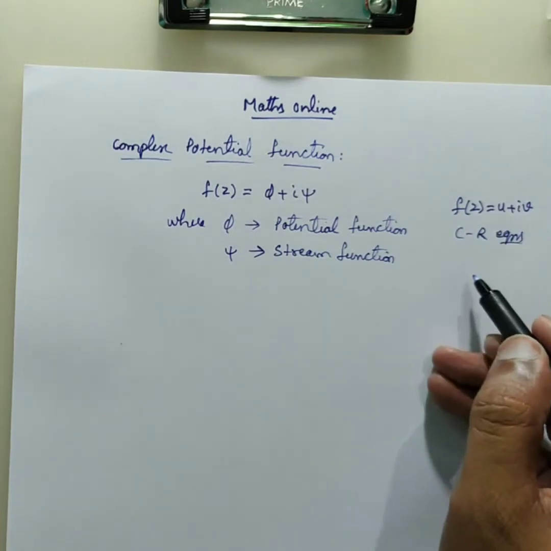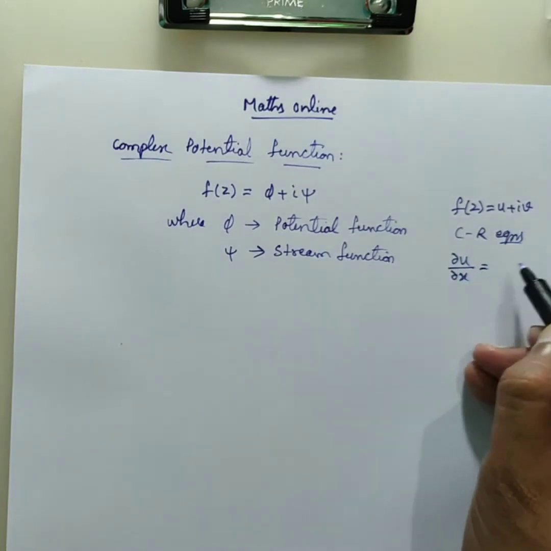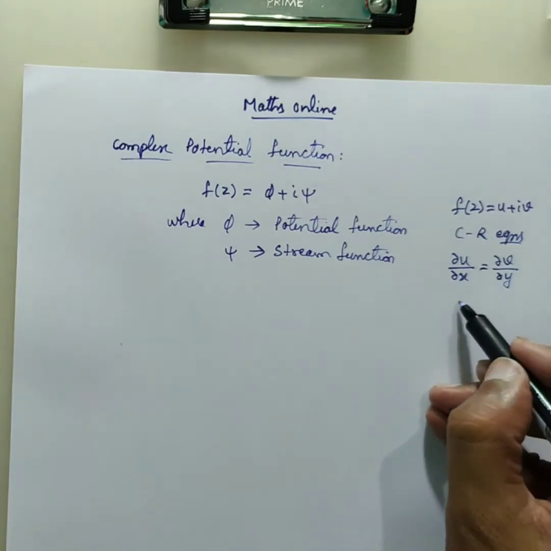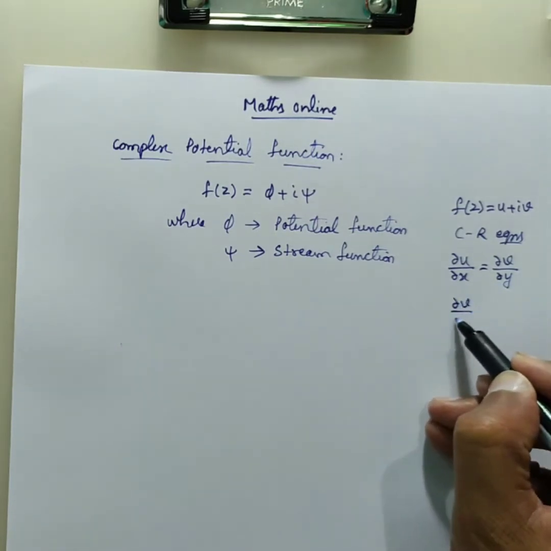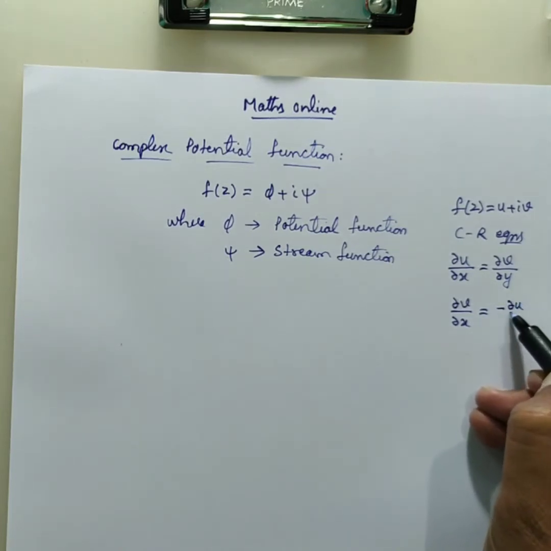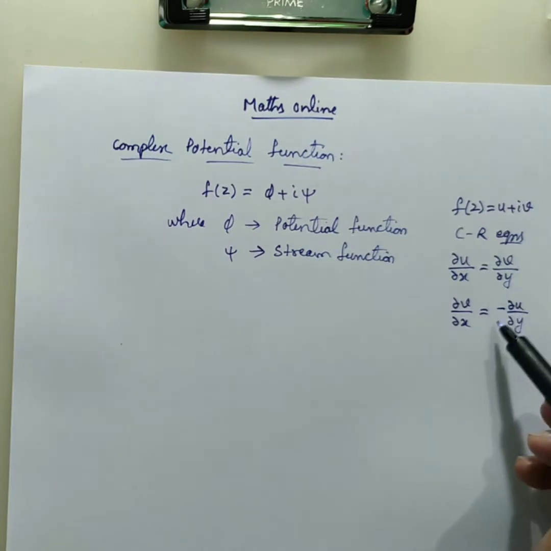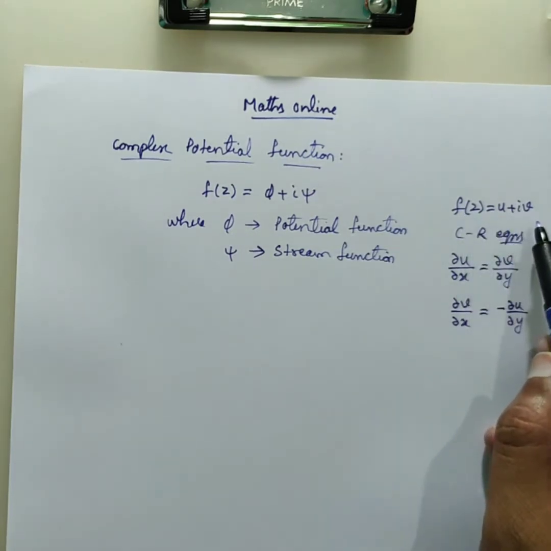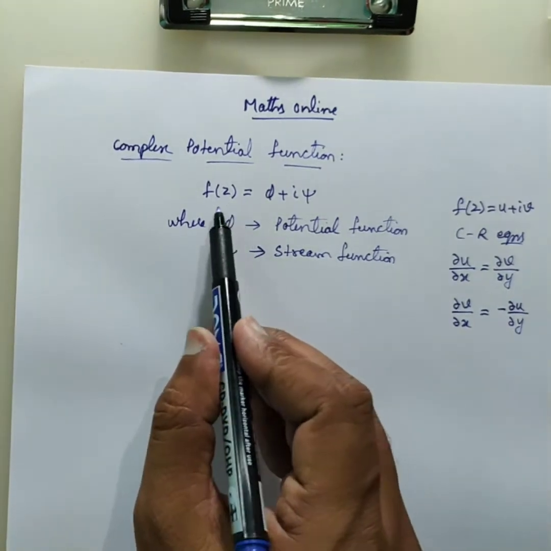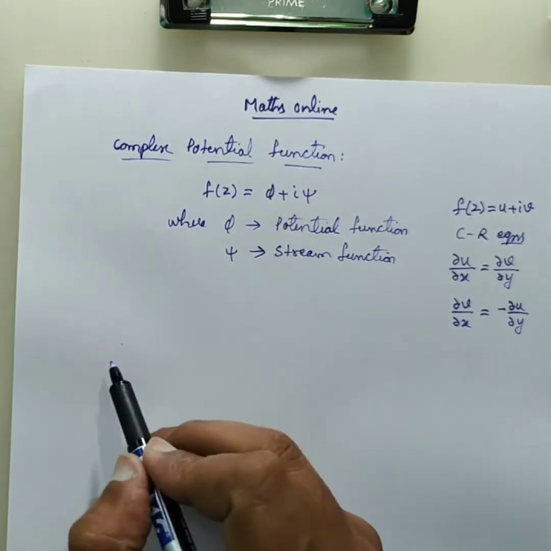The CR equations are of the form dou u by dou x is equals to dou v by dou y, and dou v by dou x is equals to minus of dou u by dou y. So here also, if f of z is analytic, then it will satisfy the CR equations.